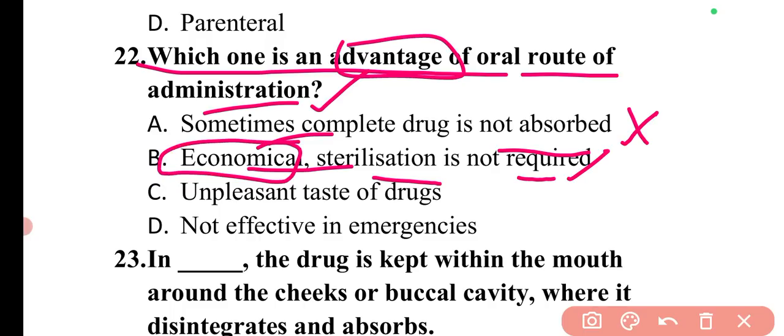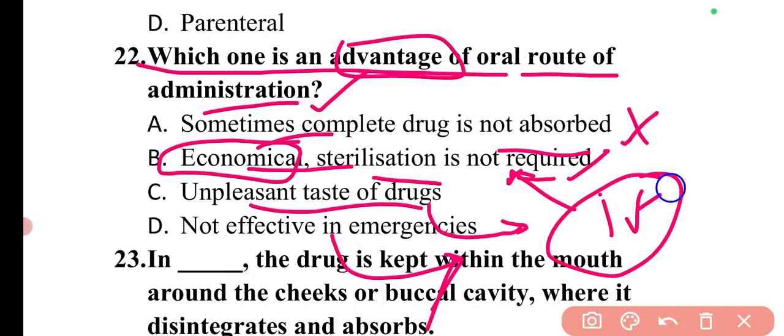So it is economical, means it is cheap basically, and sterilization is not required in this. Then unpleasant taste of drugs is also not an advantage, it is a disadvantage, and it is not effective in emergencies. So basically, the drug given by oral route will take some time to produce its effect, so it is not effective in emergencies. In emergencies we will use the intravenous route mostly.